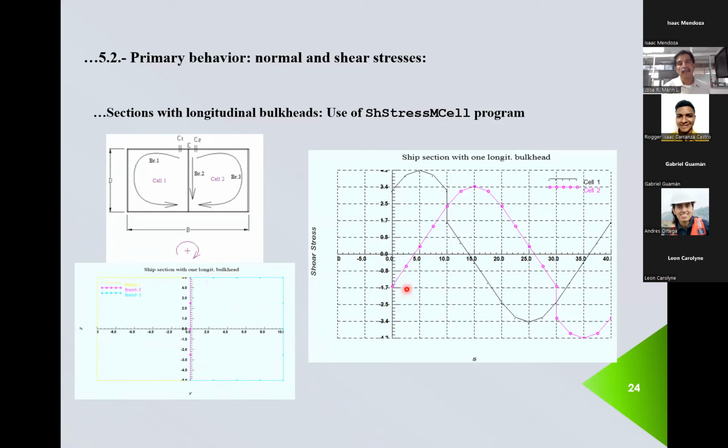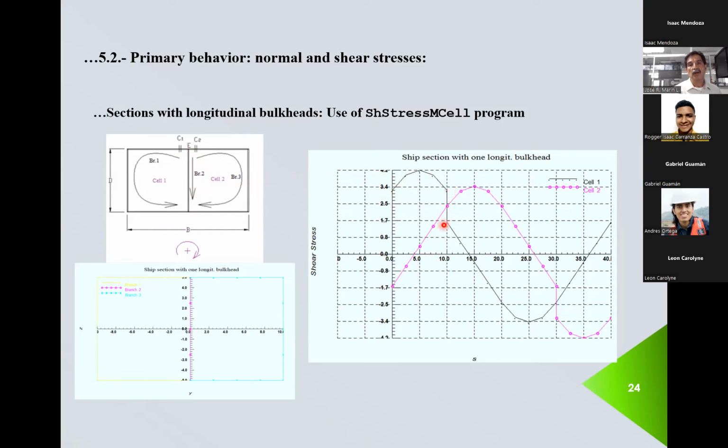And here, you have the shear stress distribution in each one of the cells. Remember, cell 1 started here and went downwards. So cell 1 is this one. This part from here to here has 10 points. That's the distribution of the shear stress in the vertical longitudinal bulkhead in here.